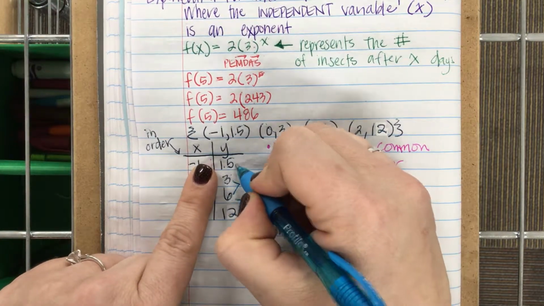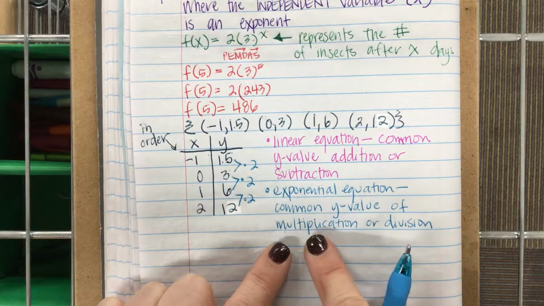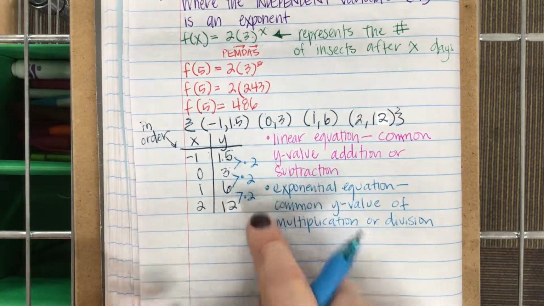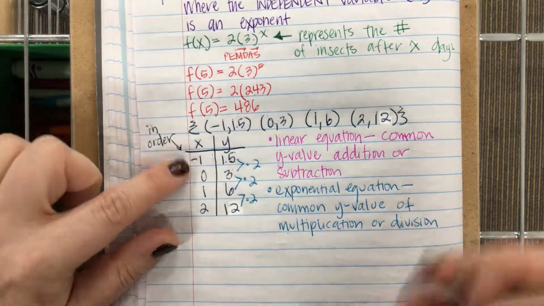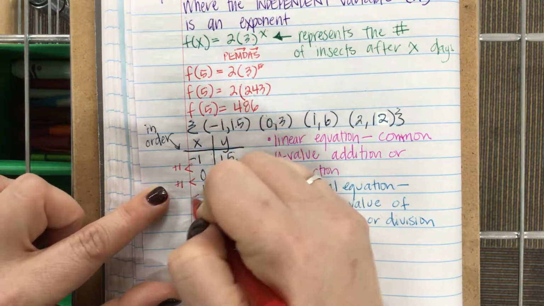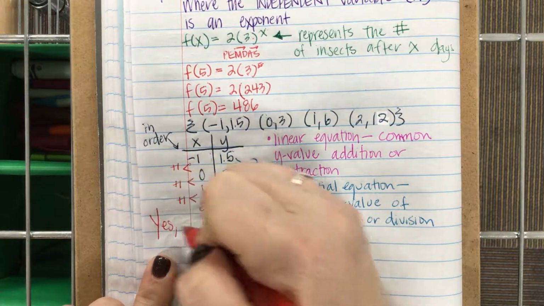And 1.5 times 2 does equal 3. So there is a common y value of multiplication or division. I get to the next y value by multiplying. And just double check, is this plus 1, plus 1, plus 1? So this works. This is, yes, exponential.